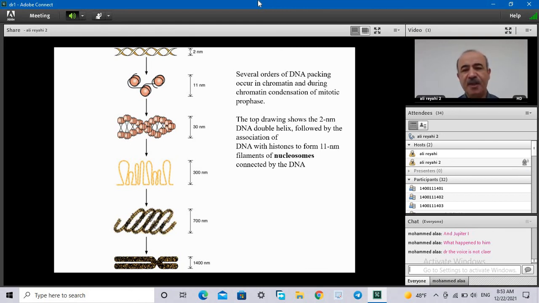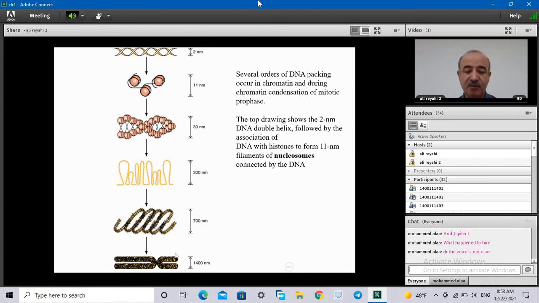Some proteins like condensin help the compaction and condensation of the chromatin to form the chromosome. And the other protein is called cohesin. Cohesin protein can attach the chromatids of the chromosome.